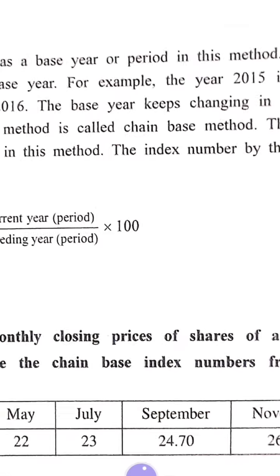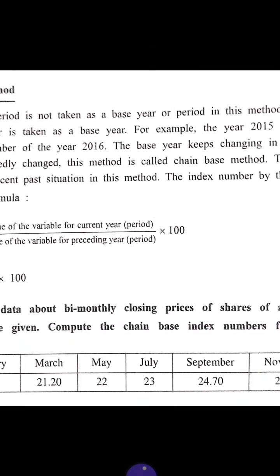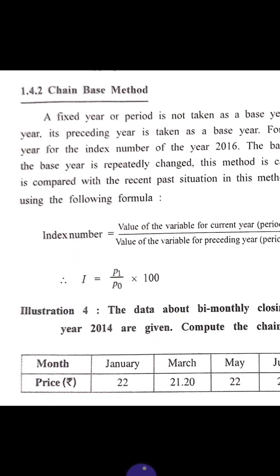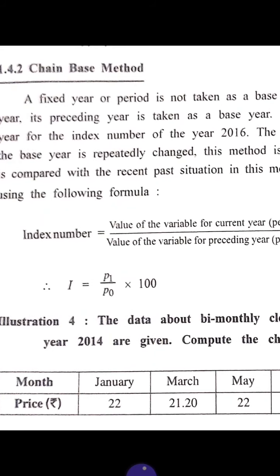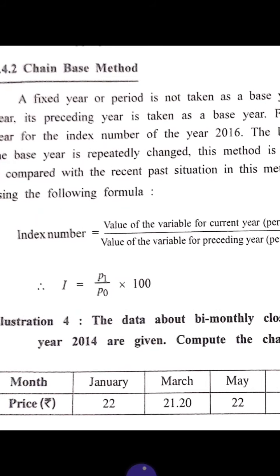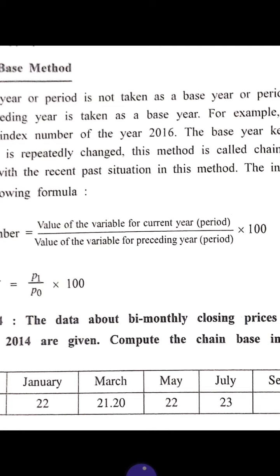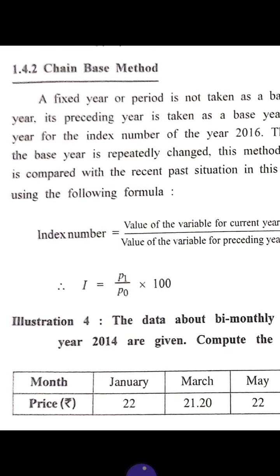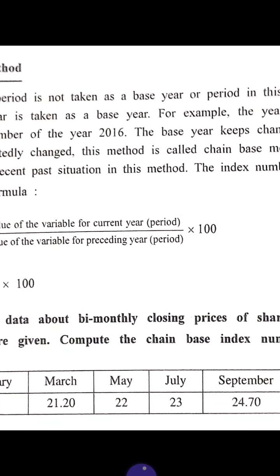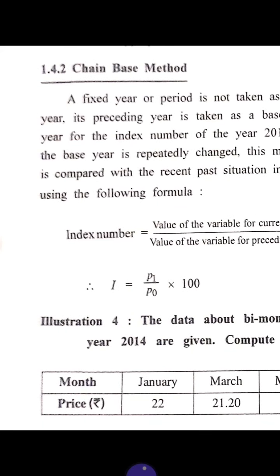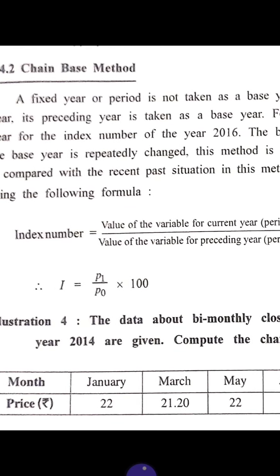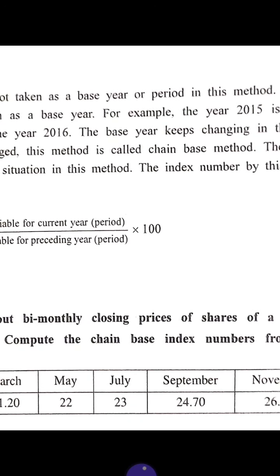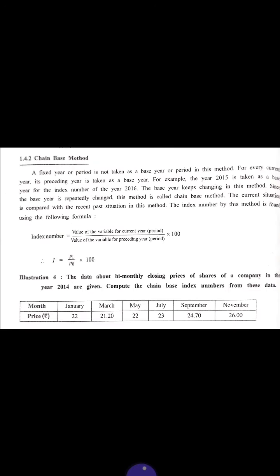They have given us bi-monthly closing prices, and that's why you would find the months have been given: after January directly they have given March, then May, July, September and November, because they are bi-monthly closing prices, and then the prices are given to you for the year 2014, right?